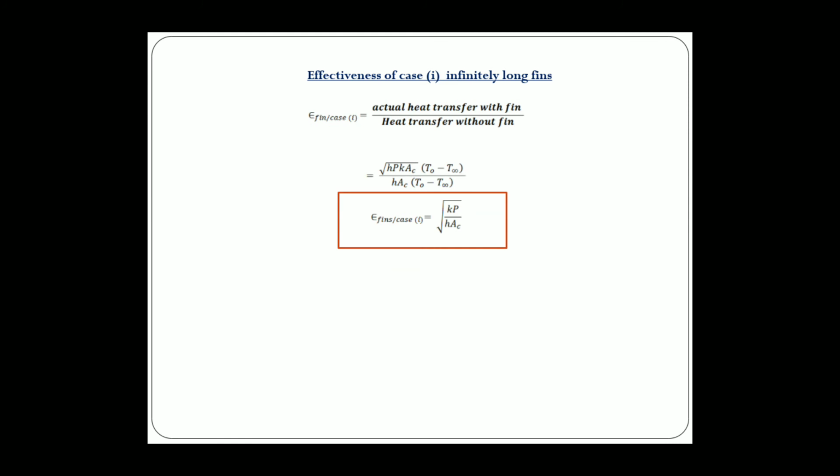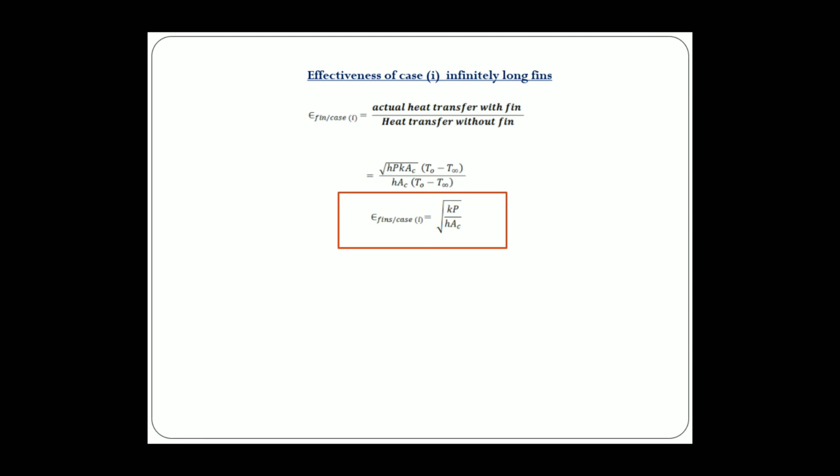Taking the first case, infinitely long fins, effectiveness is actual heat transfer by heat transfer without fin. Actual you already know, square root of hPkAc into T0 minus T infinity. And heat transfer without fin is h into cross section area only, Ac into T0 minus T infinity. If you simplify, effectiveness for case 1 will be square root of kP divided by hAc.